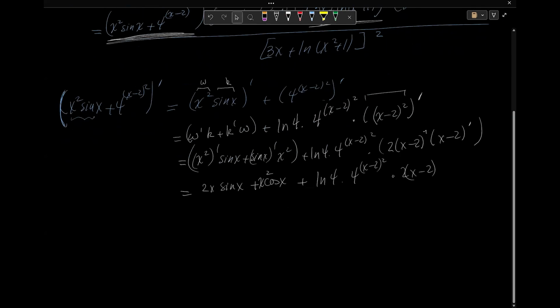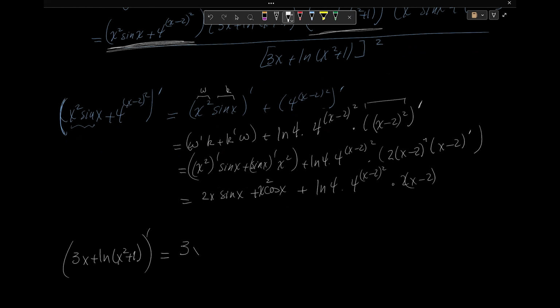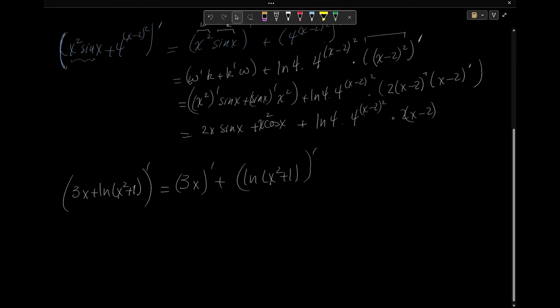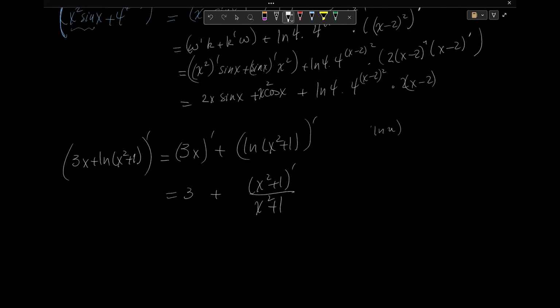Okay? So here we have 3x plus ln of x squared plus 1, prime. Again, that's a derivative of the first plus the derivative of the second because they're added. So I add their derivatives. Derivative of 3x is 3 plus derivative of the natural log of something is the derivative of that something over itself. And again, ln of u prime is 1 over u times u prime.